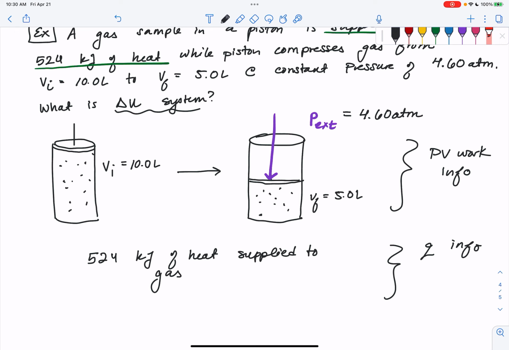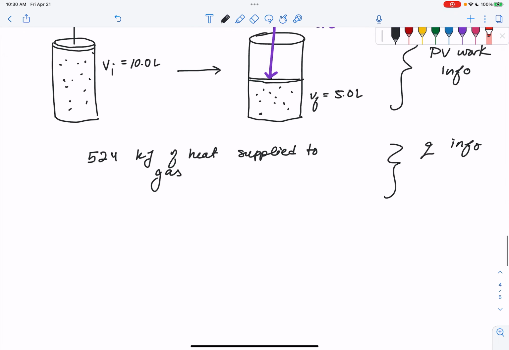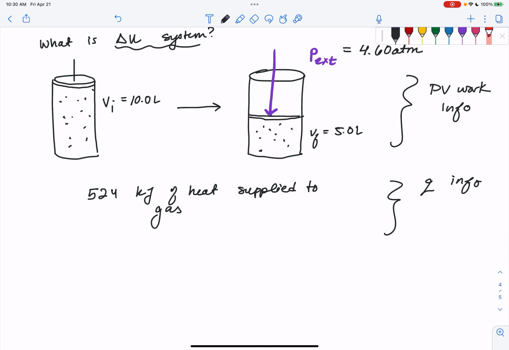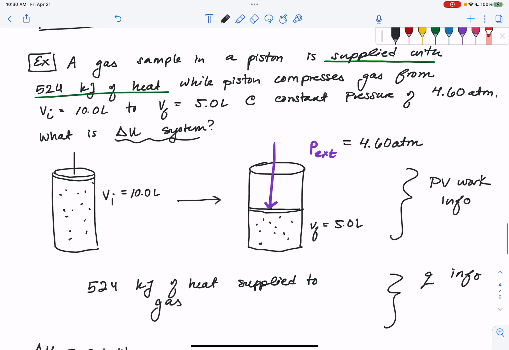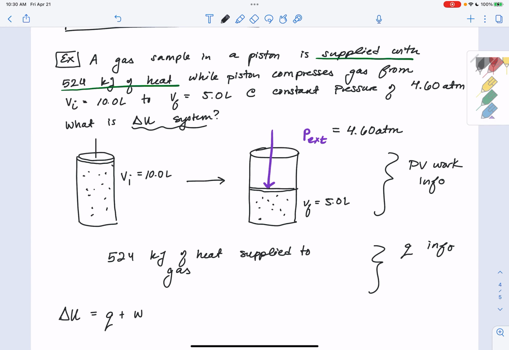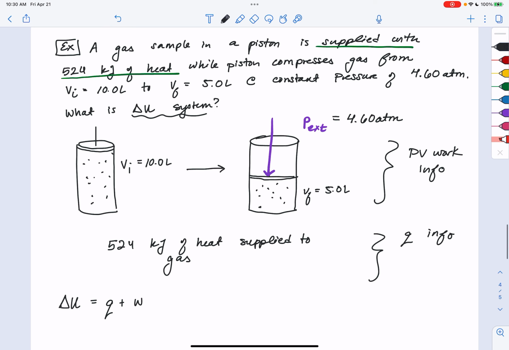All right. Let's see if we can't put some of this information together. So I know that change in total internal energy is heat plus work. I was not given any information about the gas's mass or its specific heat capacity or even the temperature change that happens as a result of this compression.